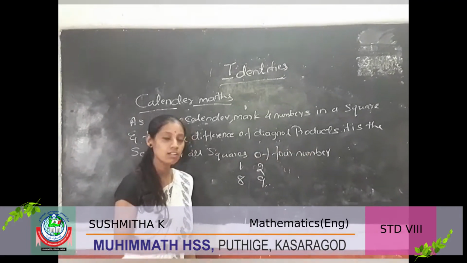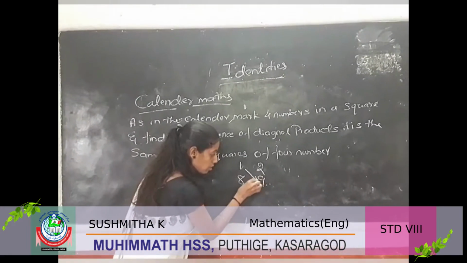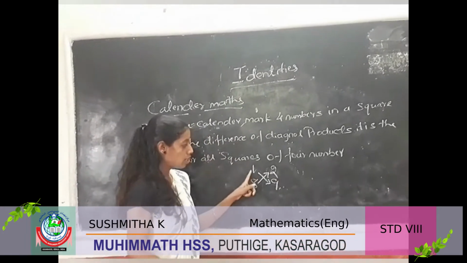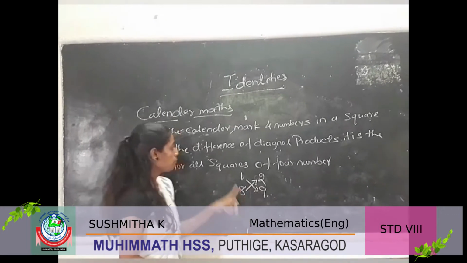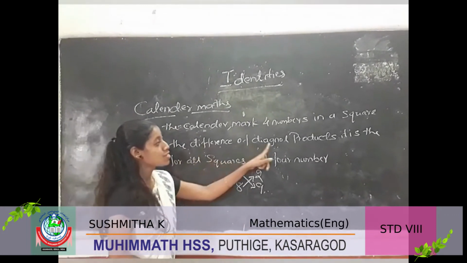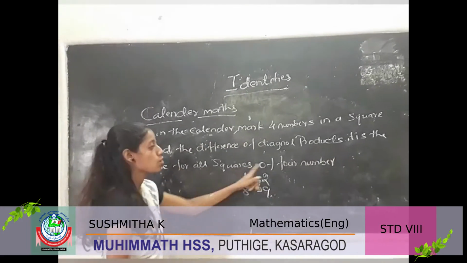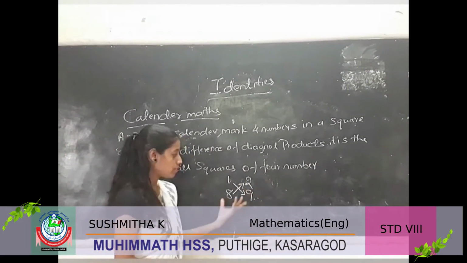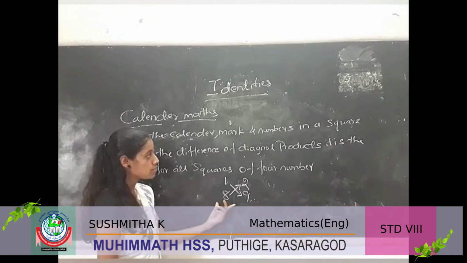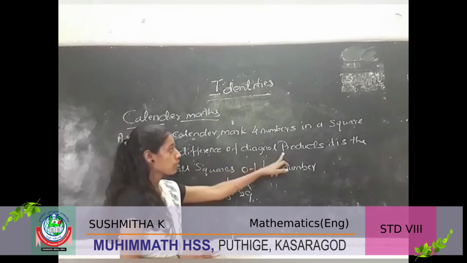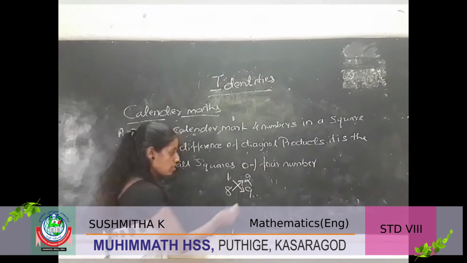So what is the diagonal? We can see the diagonal numbers. Cross product, okay. Find the difference of diagonal products. It is the same for all squares of 4 numbers. So first we have to find the diagonal products.